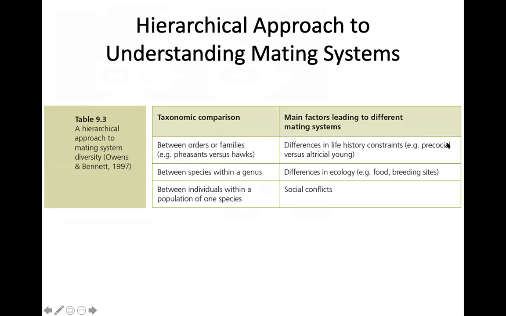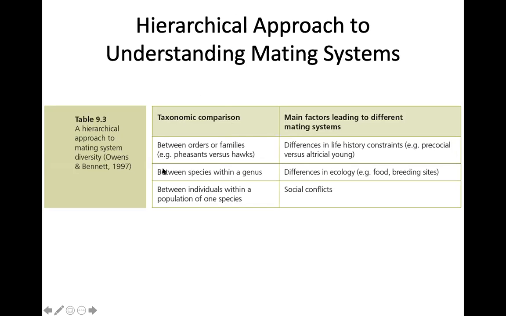If you have precocial offspring, which is the case with pheasants, that requires less parental care, which might drive mating systems in a particular direction, as opposed to altricial young, young that are born without any feathers and need a lot of incubating and feeding and everything else. Altricial young would tend to have a mating system that would move more towards monogamy or something like polyandry, where you have enhanced parental care.